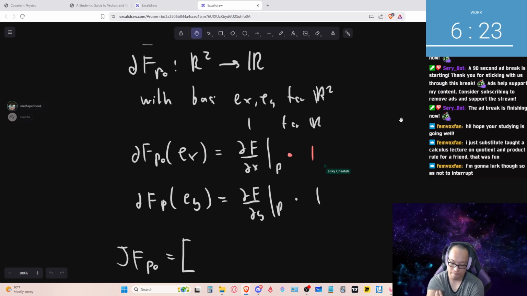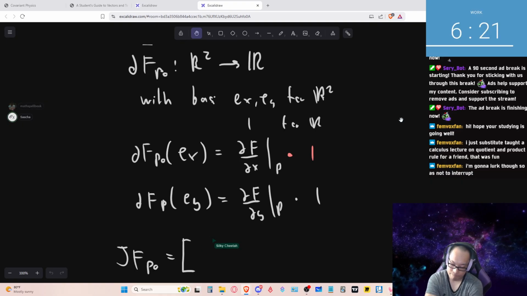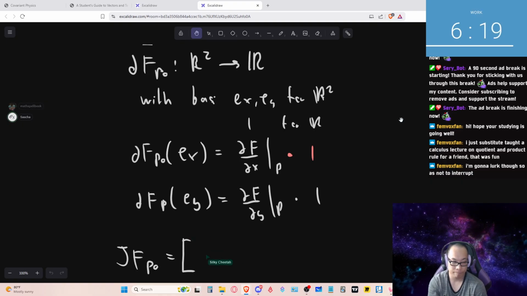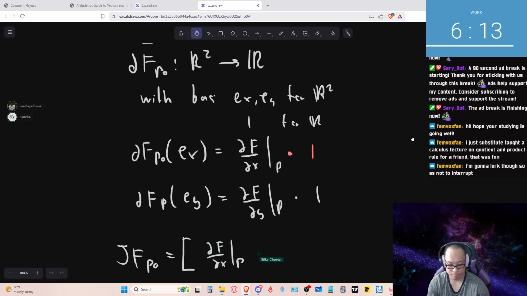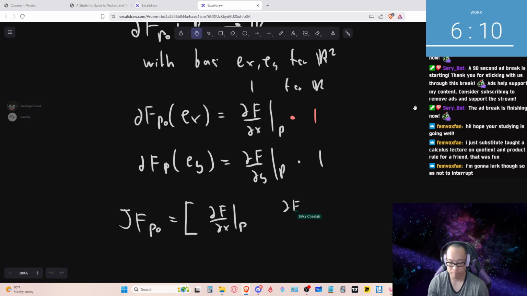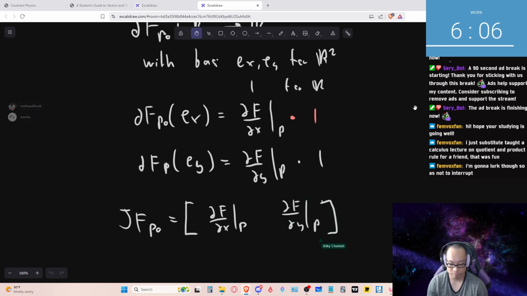So my columns have only one component, they will just be df over dx at p, and the partial derivative like that.